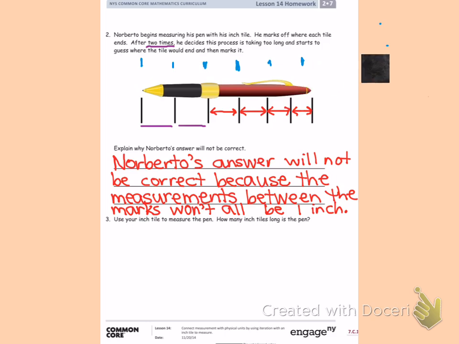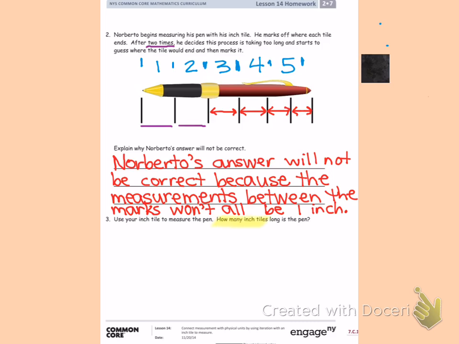Now, let's take a look and see what the answer should be. 1, 2, 3, 4, 5. How many inch tiles long is the pen?